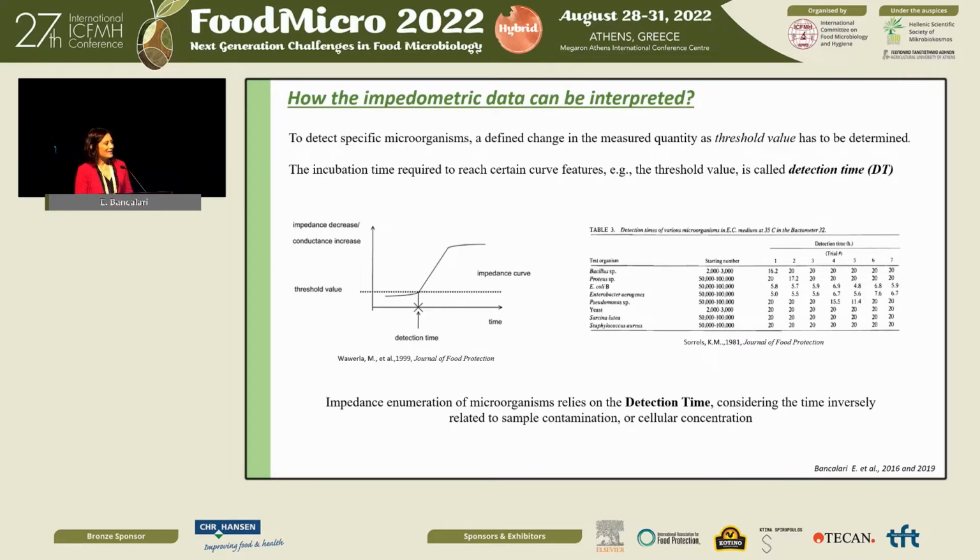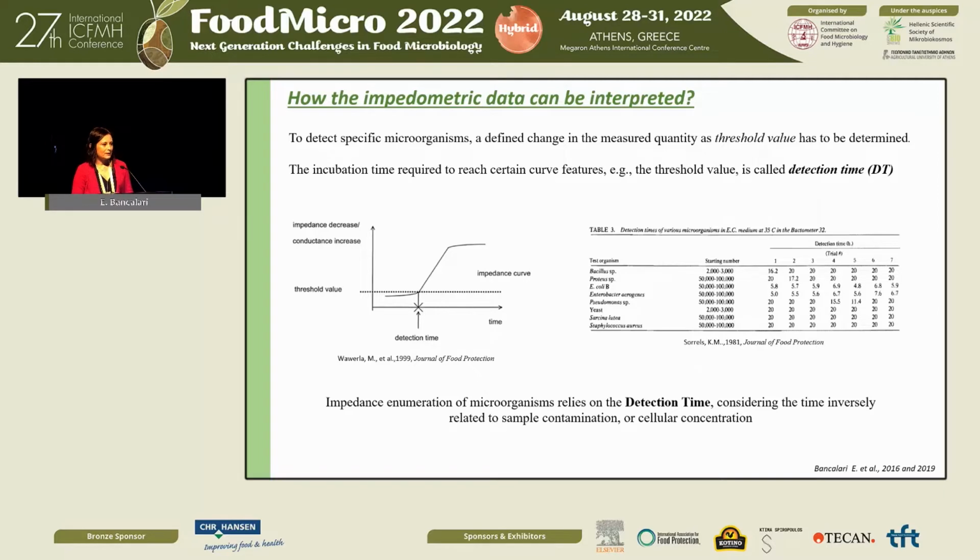Now the question is, how can we use or interpret this kind of data? So the first and the most used method until nowadays is by fixing an arbitrary threshold line, and when the impedometric curve reaches this threshold, the so-called detection time can be calculated.